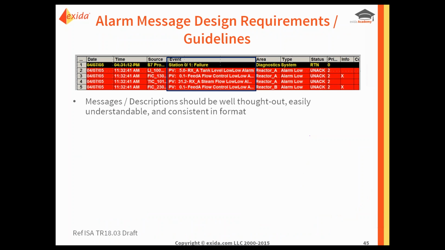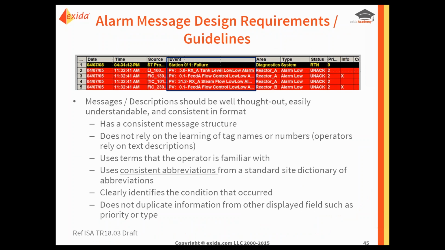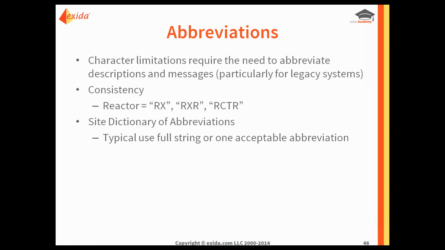Now, another thing that the technical report has, I believe this is the last topic here, is some guidelines on the messages that get presented to the operator, making sure that they have a consistent structure, and where using abbreviations in particular, certainly making sure that you're referencing a site library. If you've ever looked at a system where you had more than one engineer, let's say 3 engineers have done the configuration, you'll probably find 4 or 5 different ways to abbreviate a certain term like reactor.